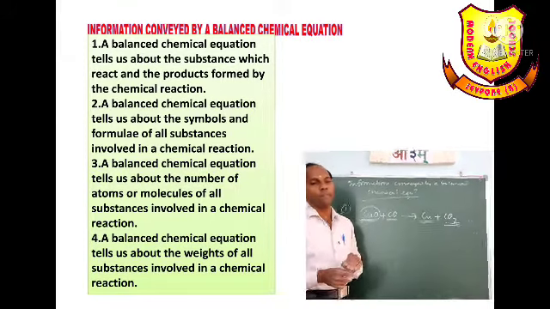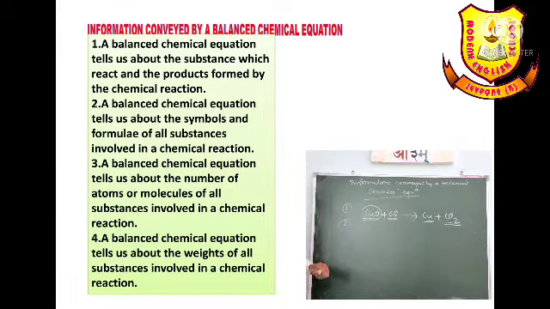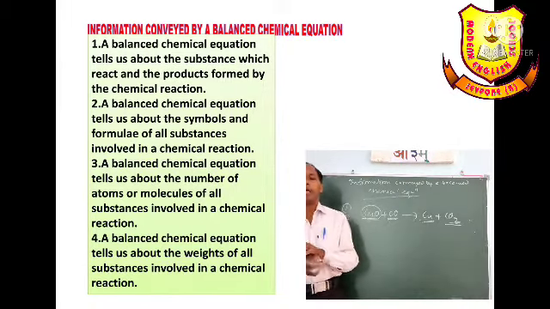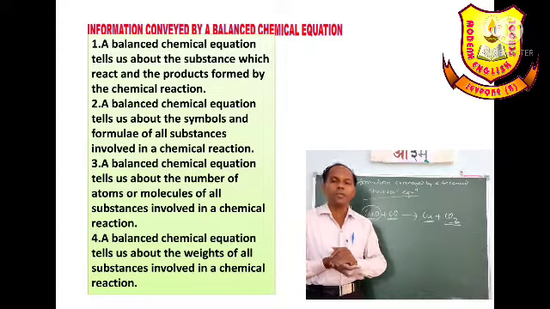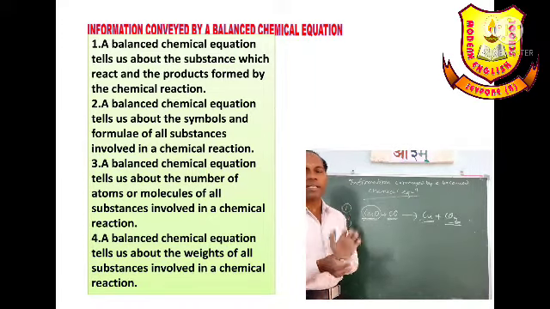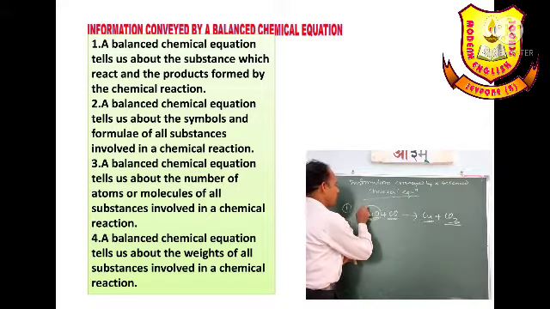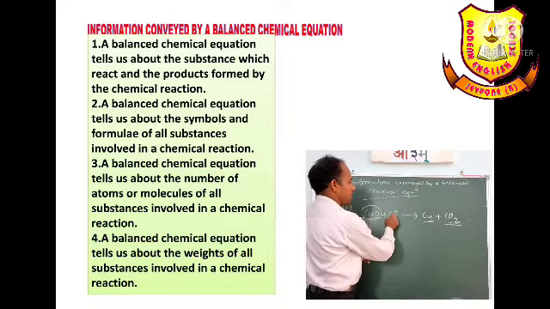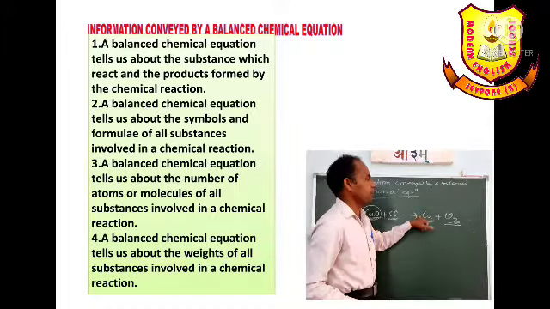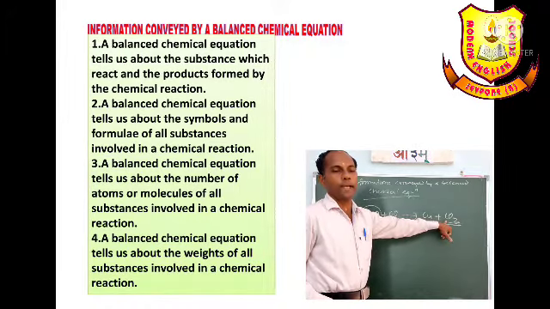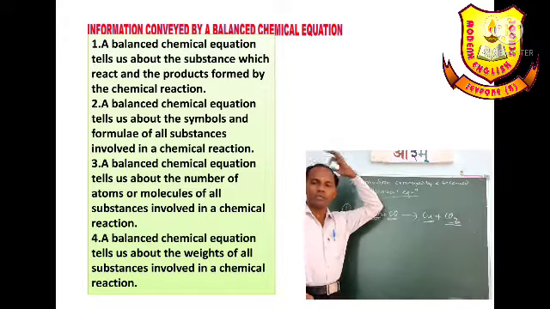Third one, a balanced chemical equation tells us about the number of atoms or molecules of a substance involved in a chemical reaction. Here copper oxide 1 number, carbon monoxide 1 number, copper also 1 number, carbon dioxide also 1 number.